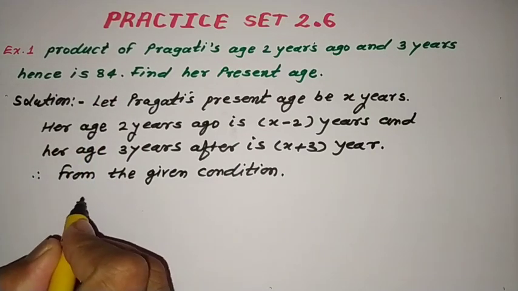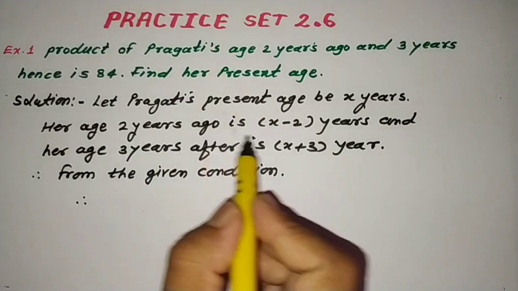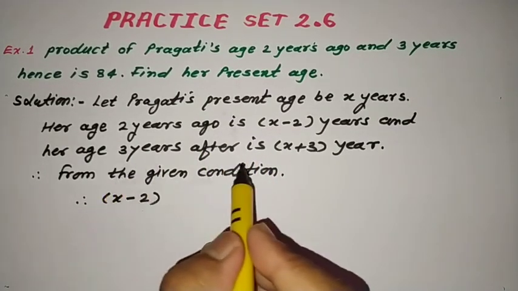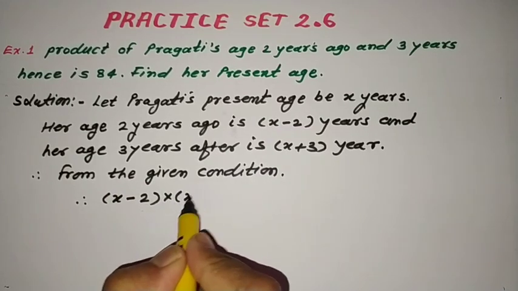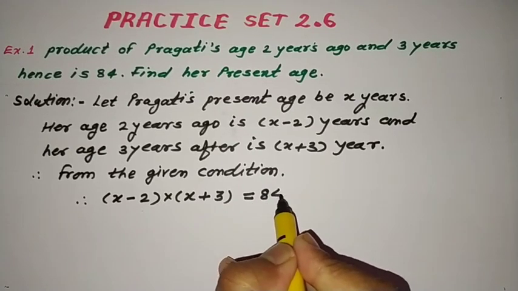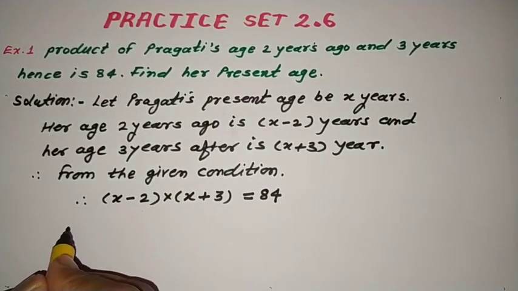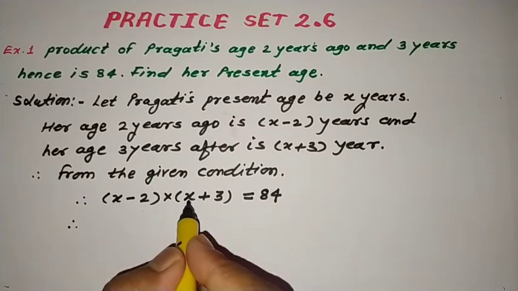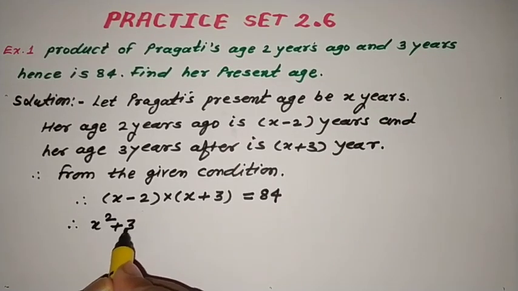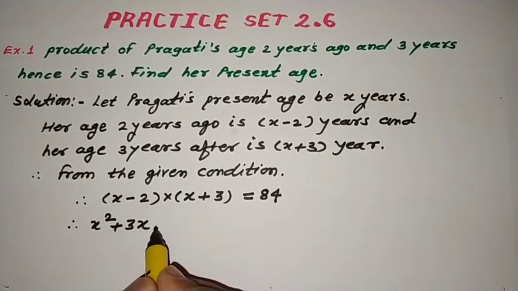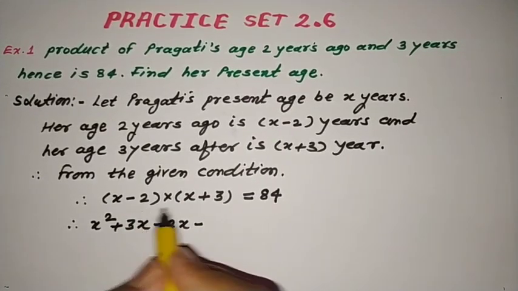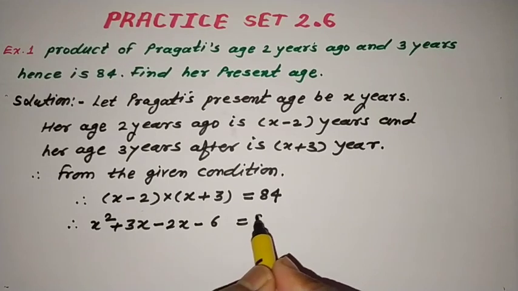Write down: her age 2 years ago is x minus 2 and after 3 years her age x plus 3 is equal to 84. Multiply the brackets: x into x, x square, x into 3, 3x, minus 2 into x, minus 2x, minus 2 threes are minus 6, is equal to 84.